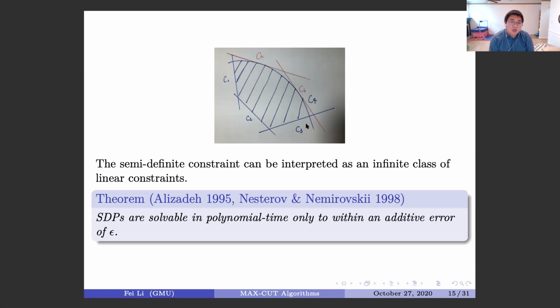But you can approach the optimal solution as closely as you want, with additive error epsilon. This is the significance for us. We can rely on the semi-definite program to find a solution, and use it as the upper bound of the optimal value. Okay, so let us proceed.